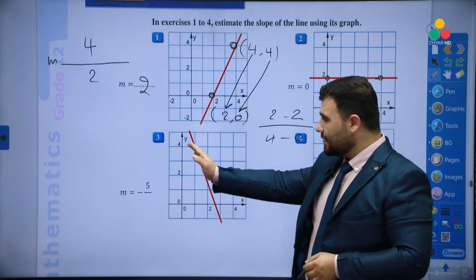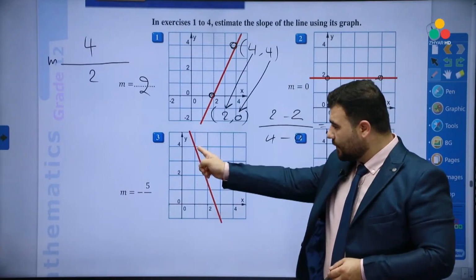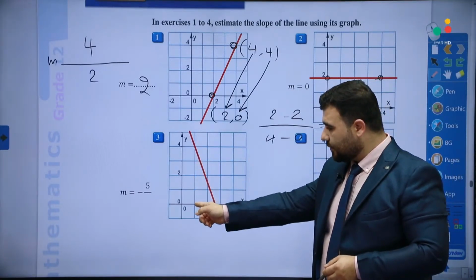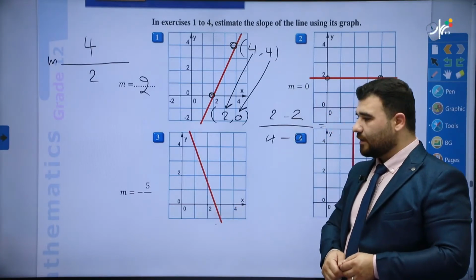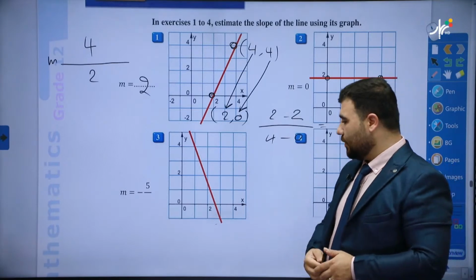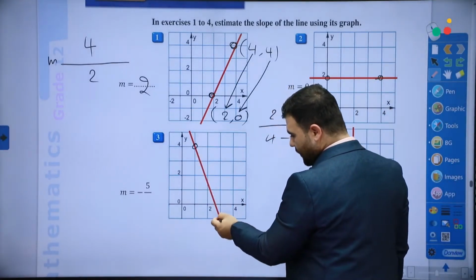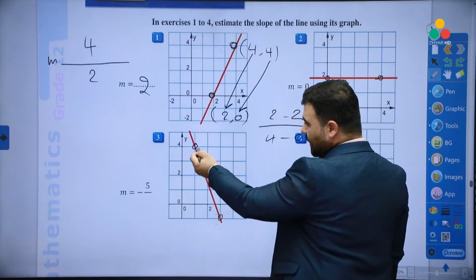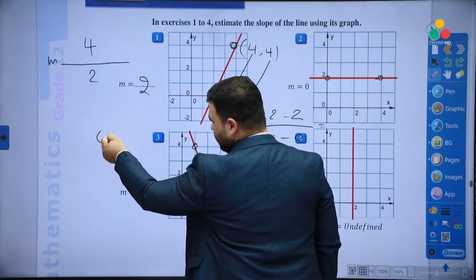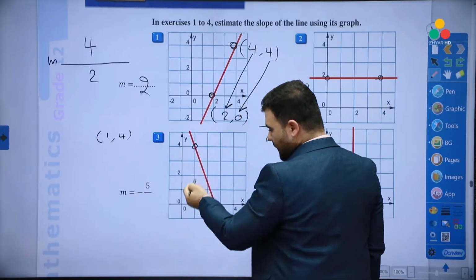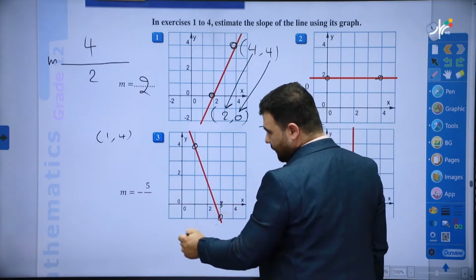Here, this line is decreasing from left to right. We can go with rise over run. 1, 2, 3, 4, 5 over 2. We can say negative 5 over 2, or you can just choose 2 points with good coordinates. The first point is 1, 4. Second point is 3, negative 1.